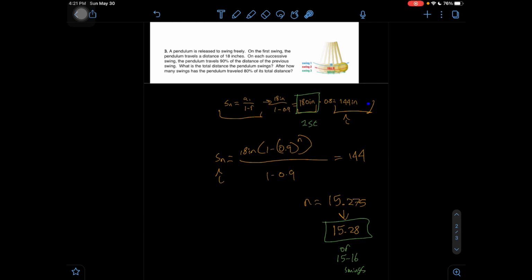We found 80% to be 144, since the total distance was 180 multiplied by 0.8. We substituted that into our finite equation, solved for n, and got 15.28, so around 15 to 16 swings in order to travel 80% of its total distance.